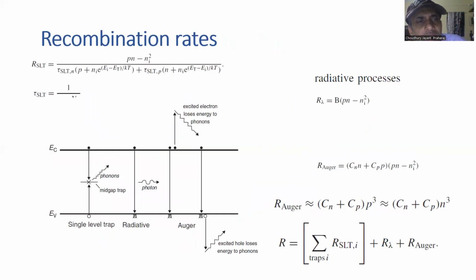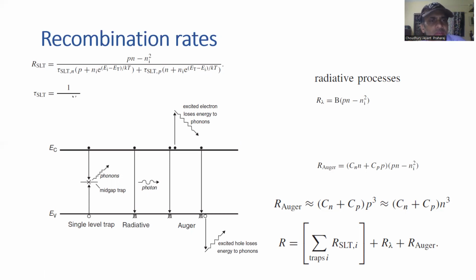After the absorption and the photogeneration of carriers, there is also recombination. These photogenerated electrons and holes can recombine, with recombinations of different types. On the right, we show the radiative recombination process, which has a mass action law kind of dependence on hole concentration and electron concentration.